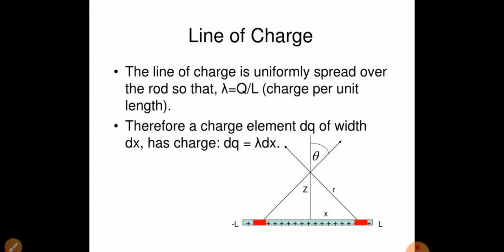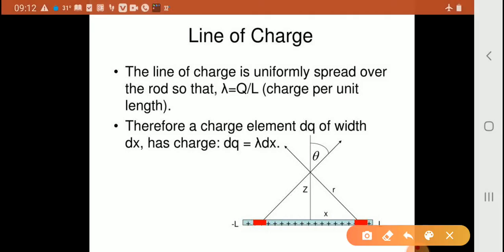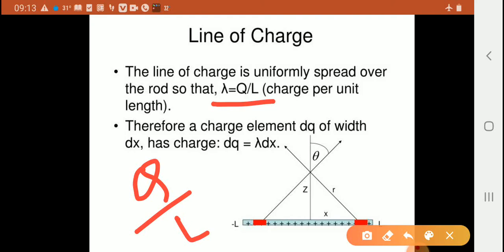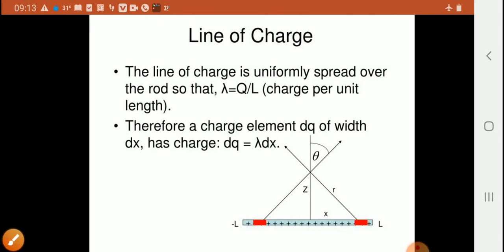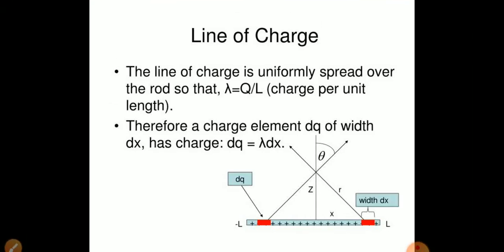The line of charge is uniformly spread over the rod so that lambda equals charge upon capital L, the charge per unit length.